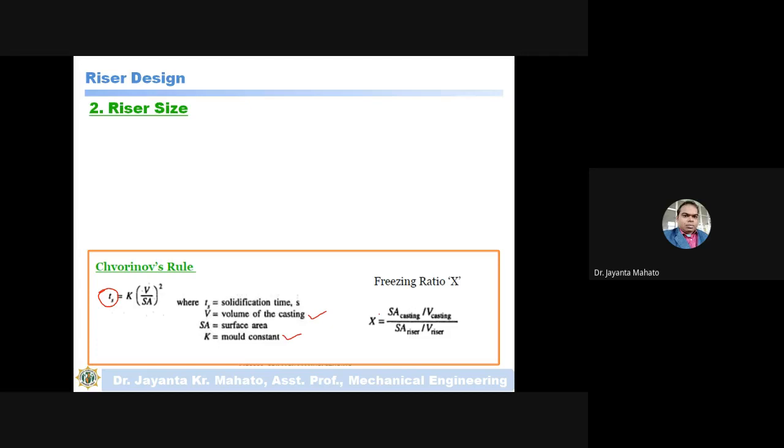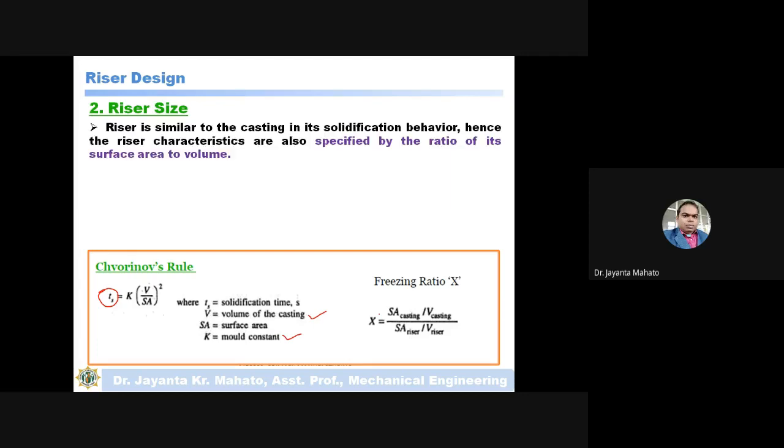The second point is the riser size. The size of the riser should not be too small and should not be too large. The optimum size of the riser has to be designed so that the excess material will flow to this riser.